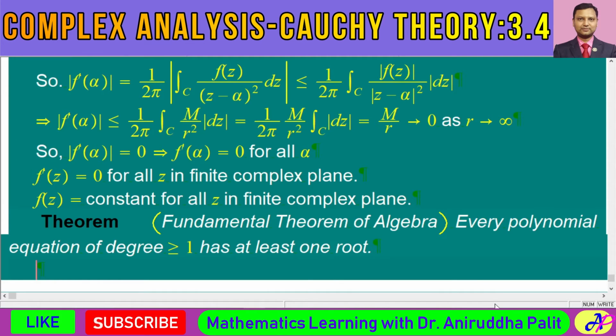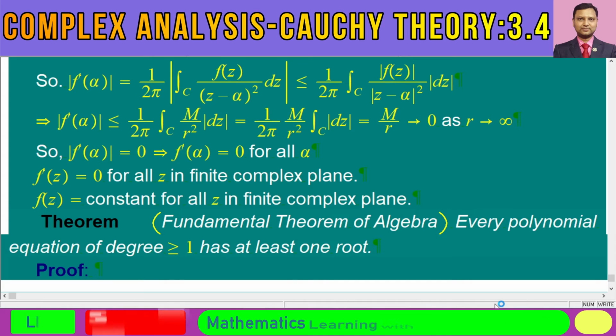Now, how to prove this result? Let's prove this result.